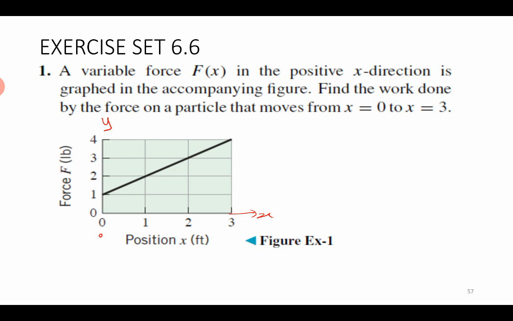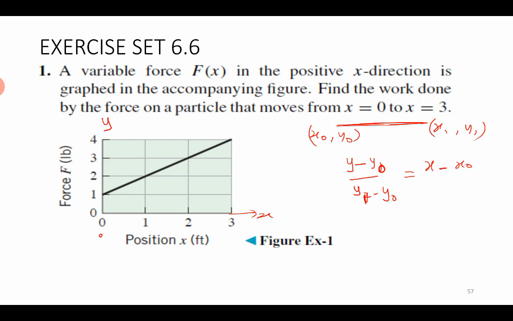If you have 2 points x0, y0 and another point x1, y1, how to find the equation of the straight line connecting these 2 points? The formula is, y is a variable, y minus y0 divided by y1 minus y0 is equal to x minus x0 divided by x1 minus x0.